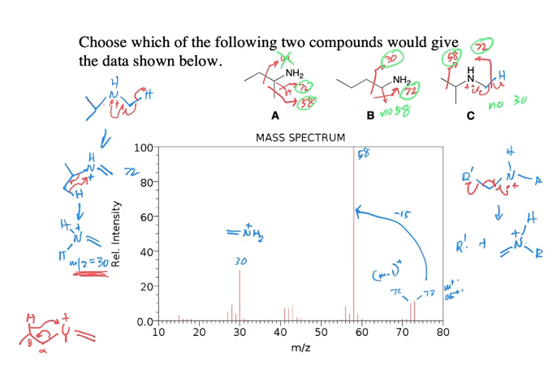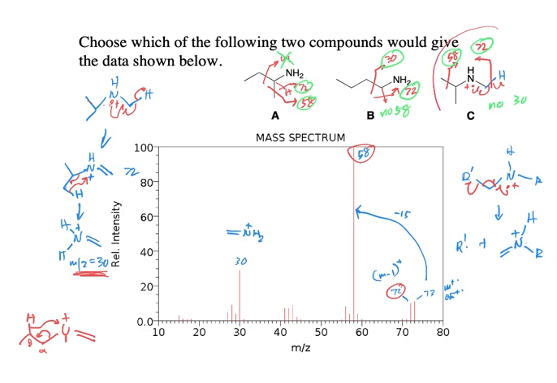If it was B, we would basically only have 30, and it'd be much stronger. And so we see these two, obviously, in 58 with two methyl groups at the alpha position, there's a chance to cleave either one of those. It makes sense that that's the base peak, right? And then we can generate 30 as kind of an afterthought here.